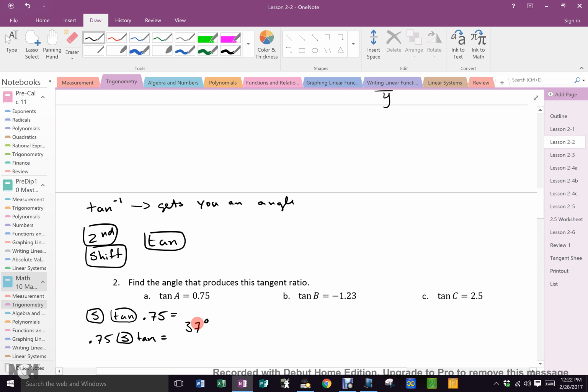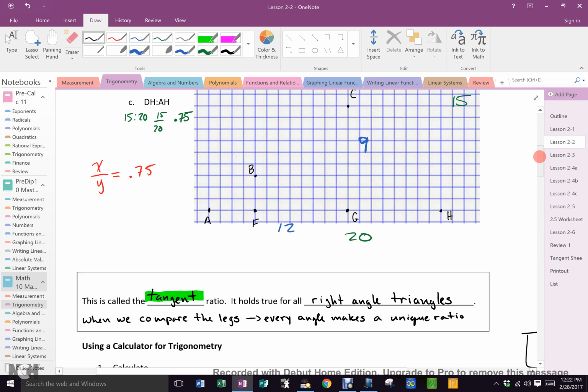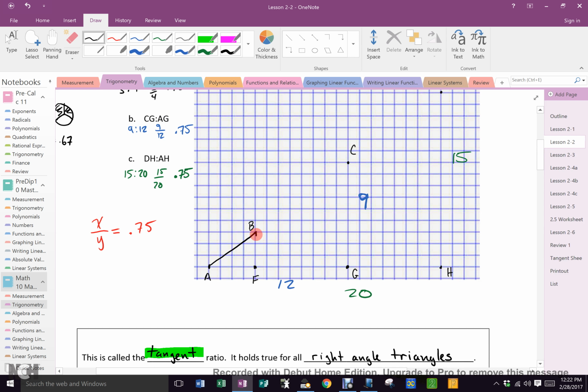Now, you guys are smart kids. Where have we seen 0.75 as a ratio today? In the very first thing, yes? So if this ratio, 3/4, is 0.75, how big is this angle now? 37 degrees. Is everybody cool? Yeah?